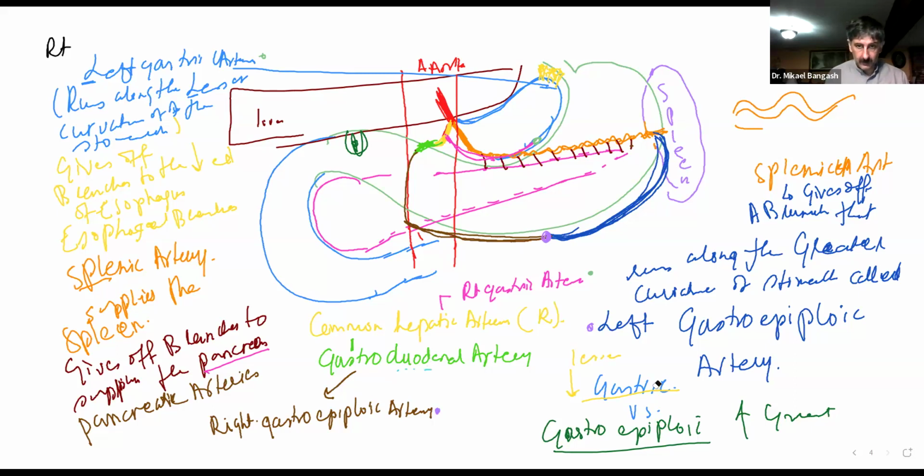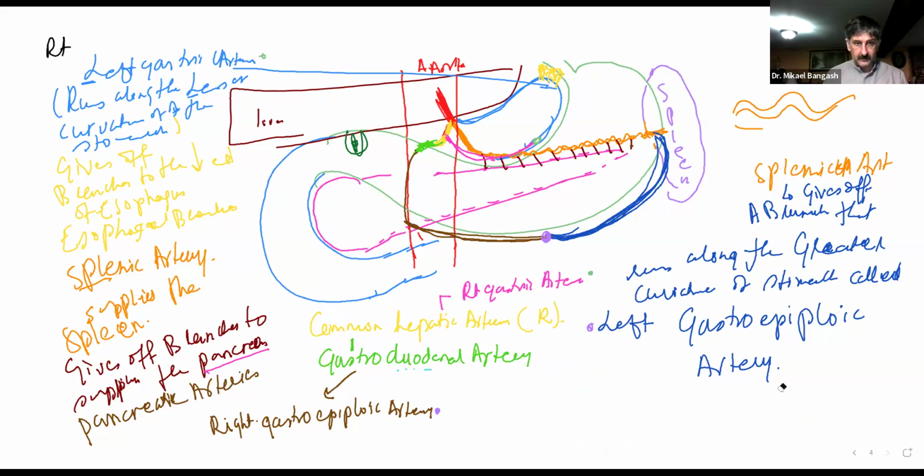Now, ladies and gentlemen, I know this may become a little bit crowded now. But this is actually going to give off another branch as well. That will explain the duodenal part.